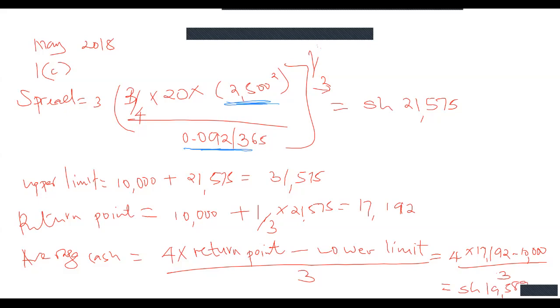Yes. Okay, so therefore, that is the average cash the company will be holding at any point in time. As you can see, it will generally be above the return point. The return point for this company is 17,192, and there's no way it can be above the upper limit. The upper limit is how much? 31,575. And no way can it be below the lower limit of 10,000. So it is in between the upper limit and the lower limit. That is the average amount of cash the company will be holding.